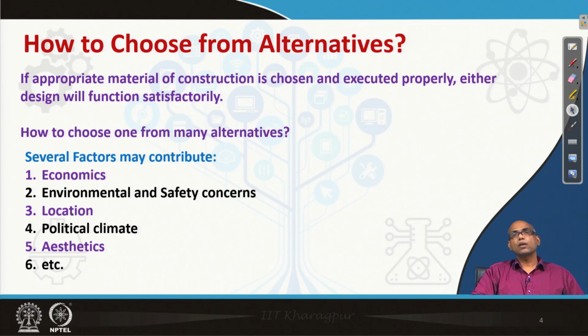Obviously, there will never be a single factor which will allow you to make the choice. Several factors will contribute to your choice. Some important factors are economics, environmental and safety concerns, location, political climate, aesthetics, etc.